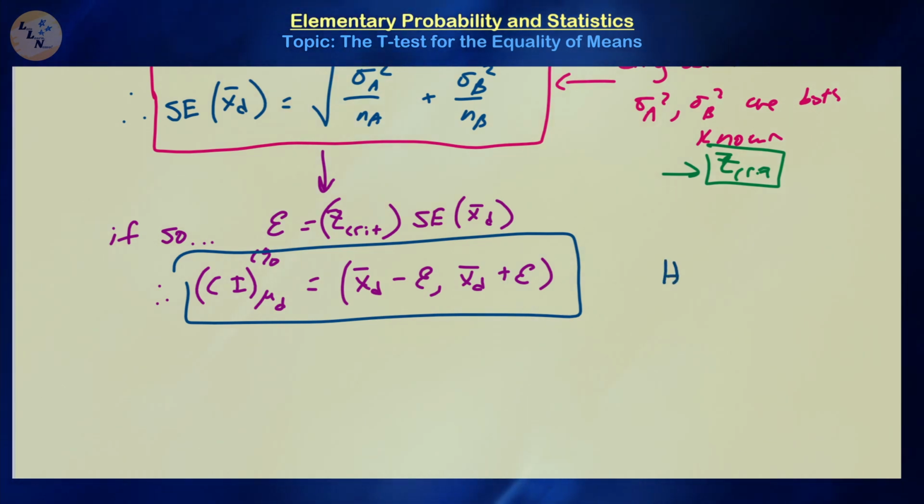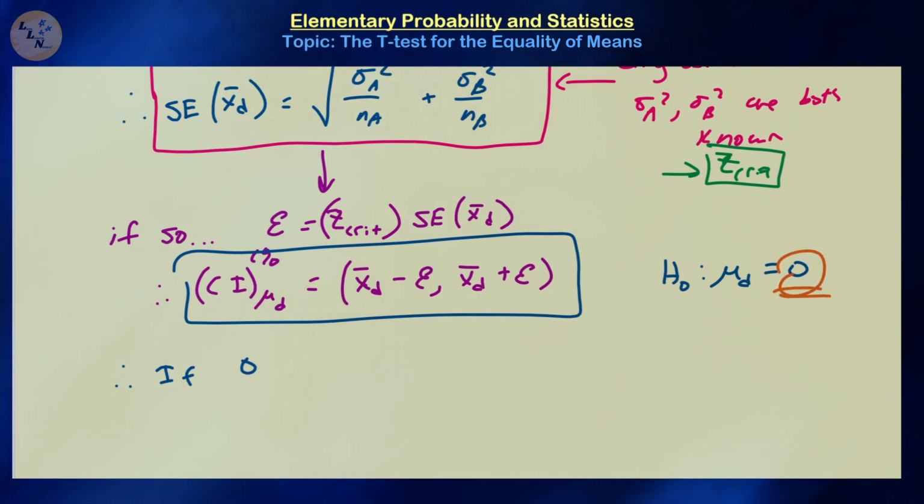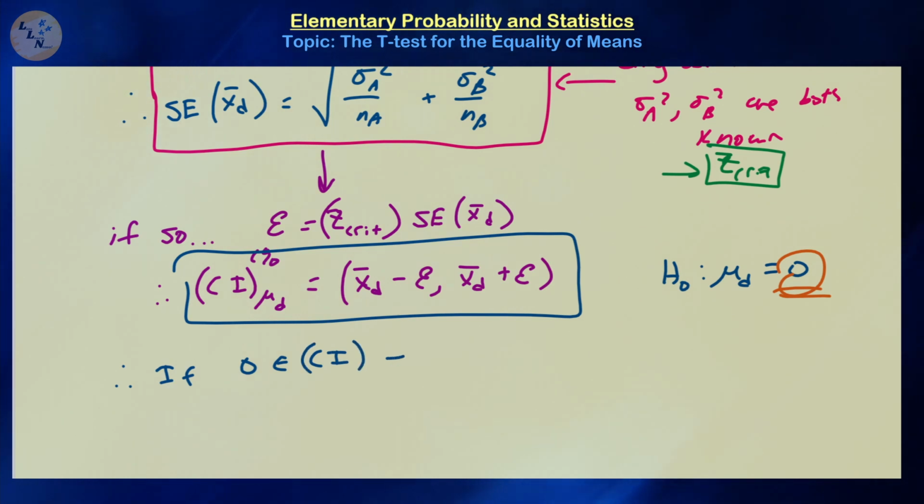So keep in mind the null hypothesis is that the difference between them is equal to 0 or practically equal to 0. Therefore, the only number that we really care about here is going to be 0. So if 0 does belong to this confidence interval, then we're going to be failing to reject the null hypothesis because that means our point estimates are really close to each other in terms of the individual sample means.